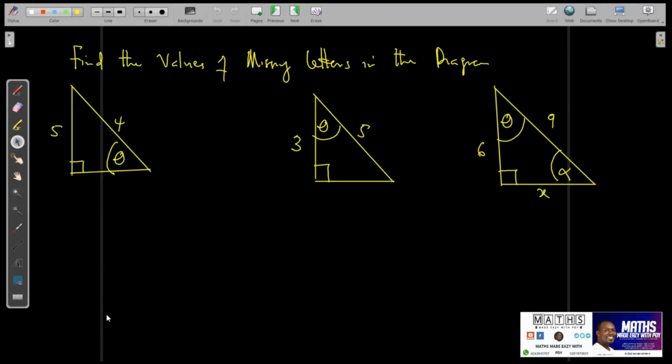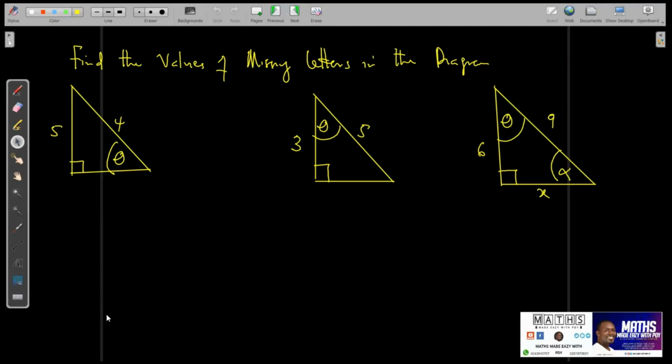So we came up with Pythagoras theorem, which is used to connect the sides of a given right angle triangle, and then also the basic trig ratios. The basic ones were three: the sine, the cosine ratio, as well as the tangent ratio. I made mention of the sec, the cosec, and then the cotangent, but I didn't give you the definitions for them. Today I'll be doing that.